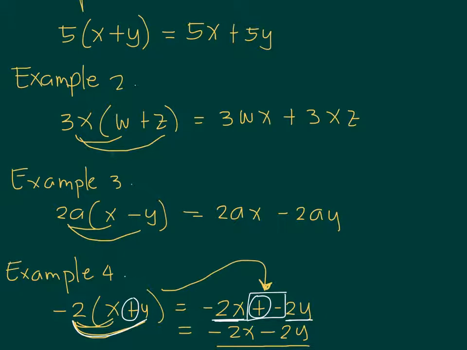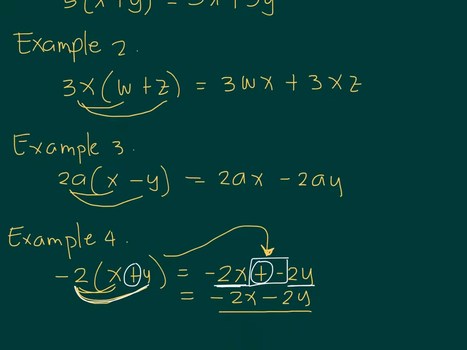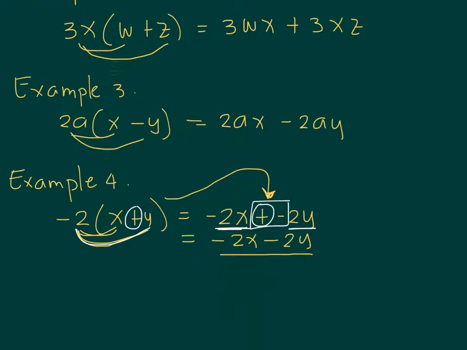Okay, in some other cases, you would see, like example 5, just a minus sign outside, say minus the quantity 2x minus 5y. So the minus sign outside is like a minus 1 or the negative 1 value.